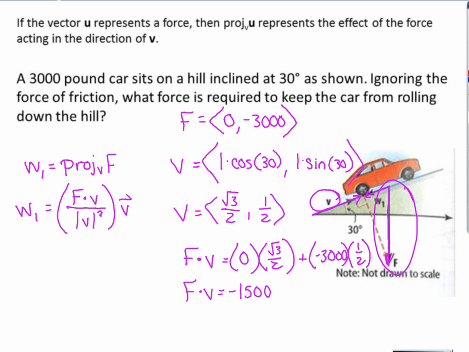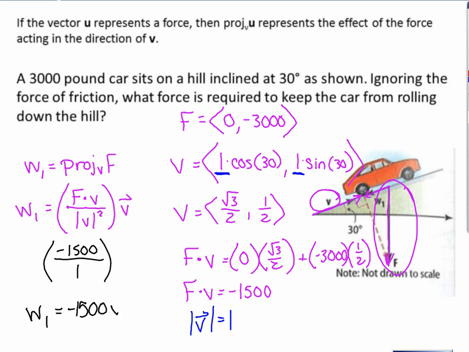The magnitude of vector v we actually already had. We said it was a unit vector and it has a magnitude, or a length, of 1. So if we plug that in, f dot v is negative 1,500, and that's over the magnitude squared, which is going to give us 1. So that's going to give us negative 1,500 times vector v.